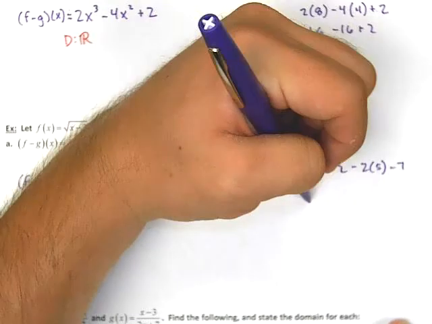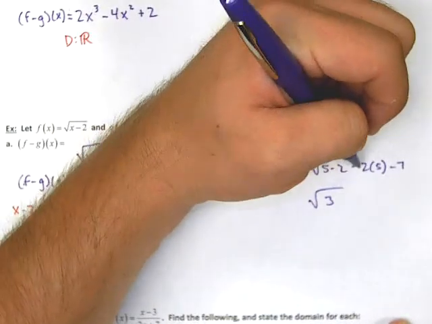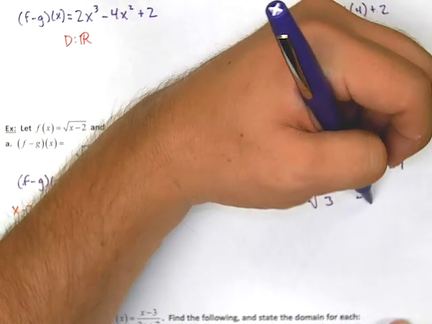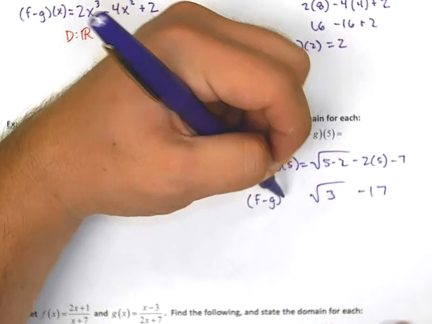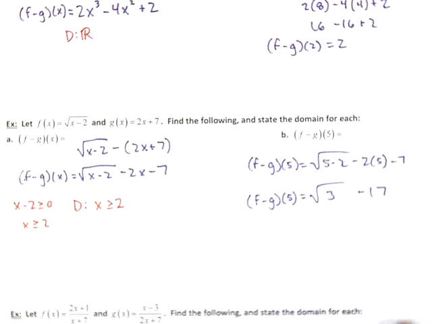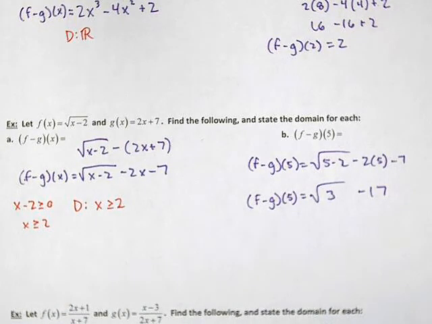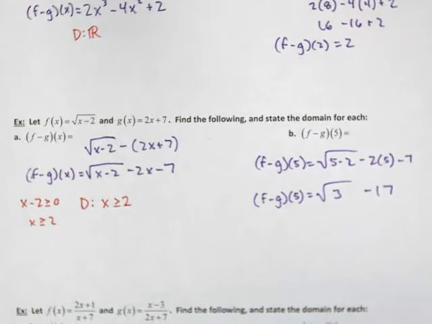Awesome. Keep going. So this is square root 3, negative 10, negative 7, so minus 17. Guys, I would leave it just like that. I would not put it into the calculator and get a sloppy decimal. I would just leave it right like that. Okay? So, there you go. Not too bad, hopefully.